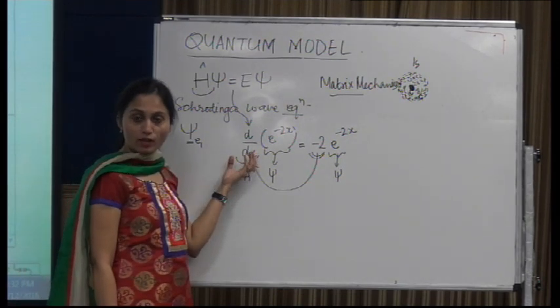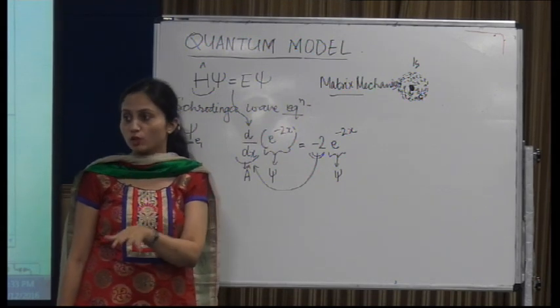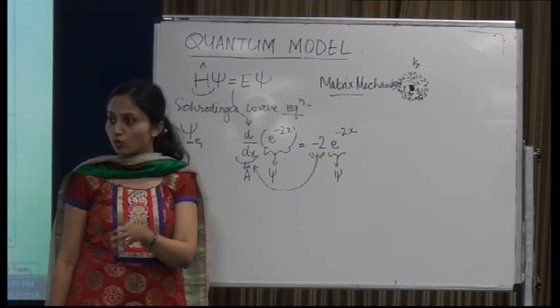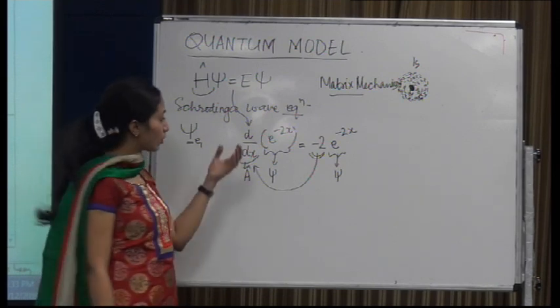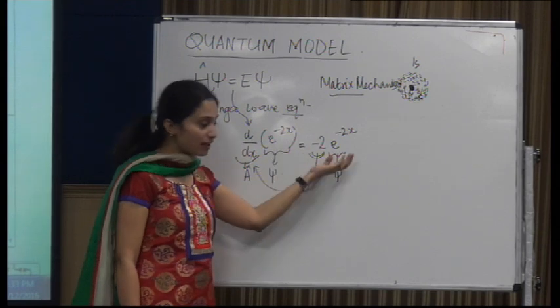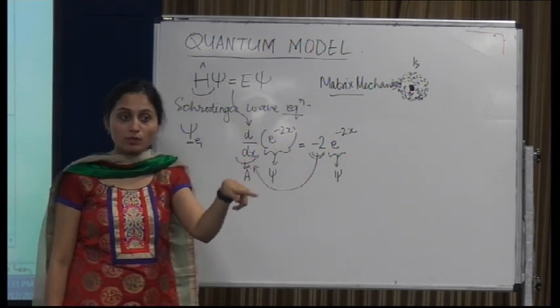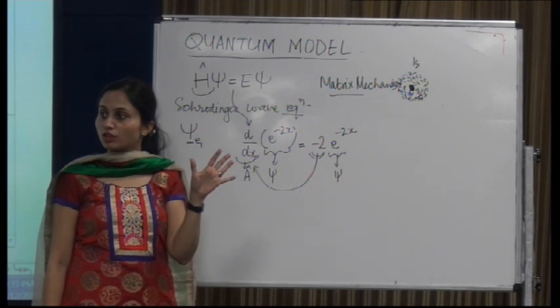Now linear momentum, in macroscopic entities or generally, is mass into velocity, and even for microscopic it is mass into velocity. But if I use that operator and apply it on my wave function, and I get my wave function back, then this value belongs to the linear momentum. Got it?